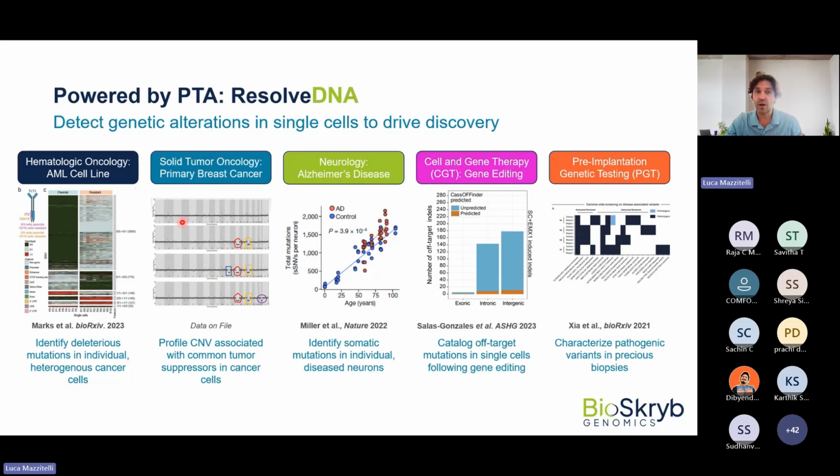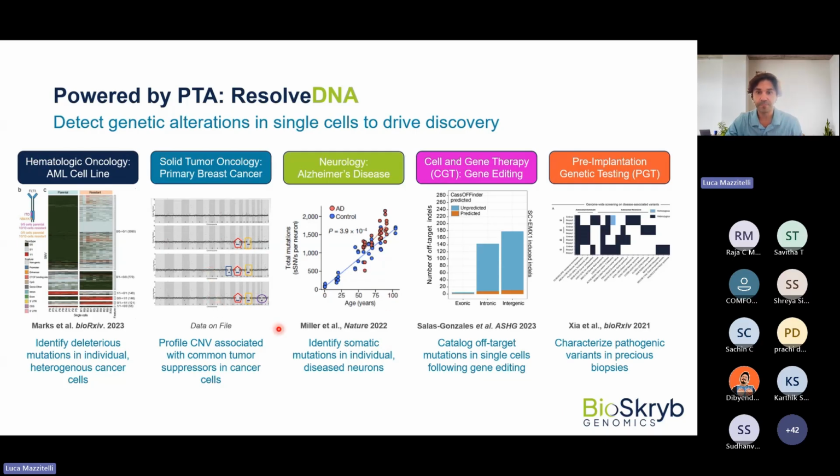What you have here on the top is the normal epithelial cells with normal ploidy, and you can see on the bottom there are 3 other cells that are showing a combination of loss of copy in various tumor suppressor genes.